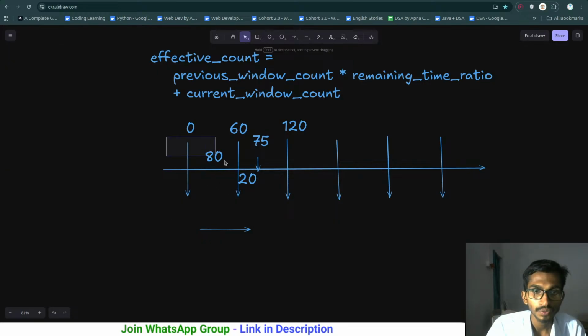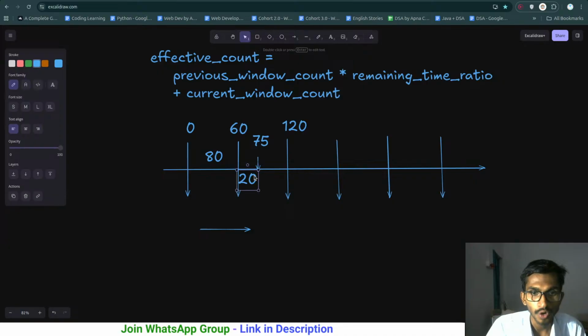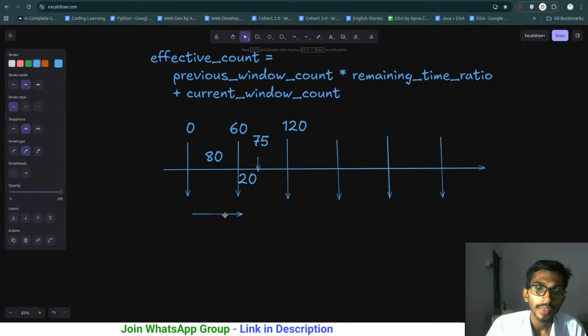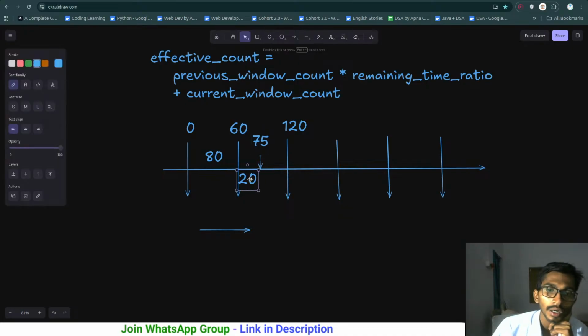In the previous window, that simply means this whole window, I had 80 requests. In the current one, I know I have 20 requests. Now, as time keeps increasing, sometime it's going to be 120 second. Suppose at 75 second I got 20 requests.